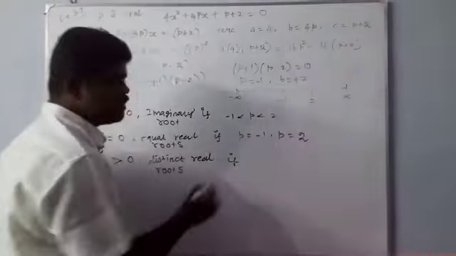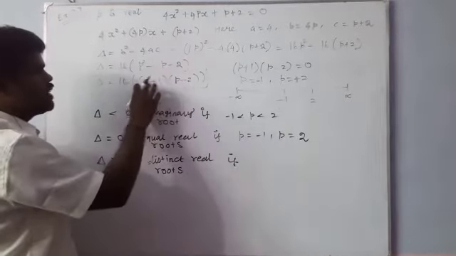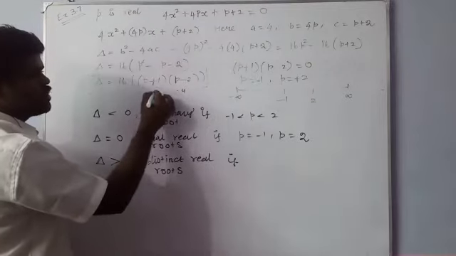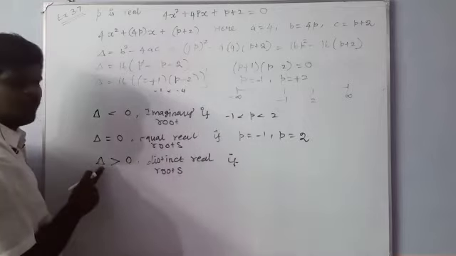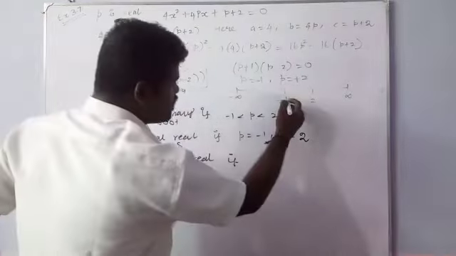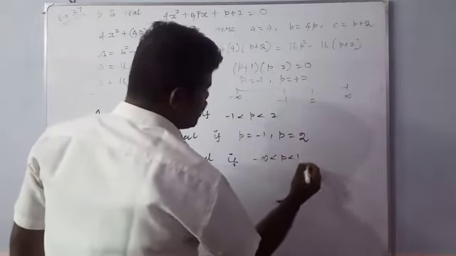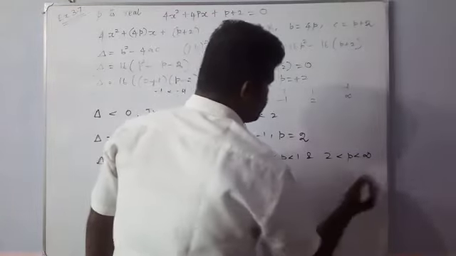Suppose we take the value minus 2: minus 2 minus 4, here is minus 4, and minus 2 plus 1, minus 1. Minus into minus gives a positive value. The roots are distinct real roots if minus infinity less than p less than minus 1 and 2 less than p less than infinity.